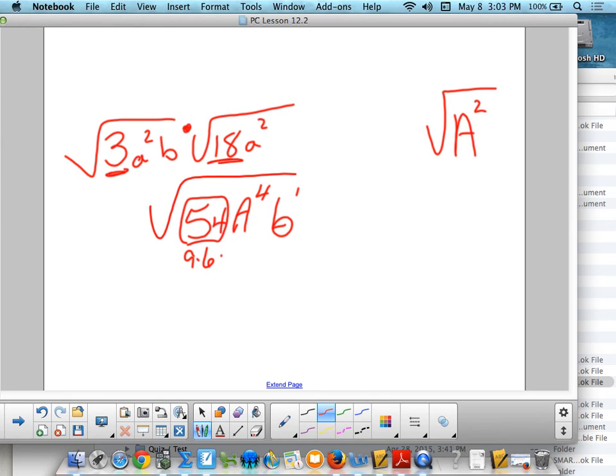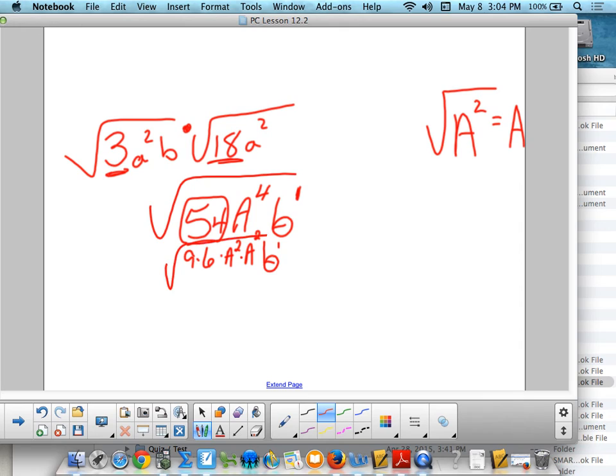Everybody should know the square root of a squared. A times a. So a times a is a squared. So the square root of a squared is a. A to the fourth is just an a squared times an a squared. Right? Yeah. Okay, and if you get b to the first, you don't know the answer. So this one's going to stay inside.